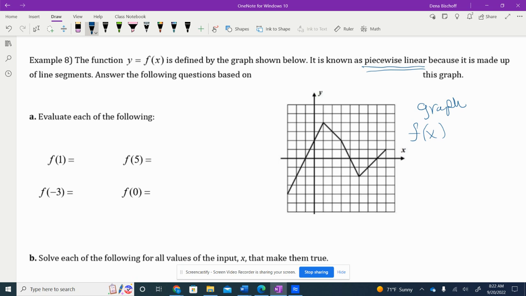So when I want to look at this graph and see what's happening at f of 1, that's the same thing as saying let x equal 1, right? So if I go to my graph and look at when x equals 1, what is my value of y?